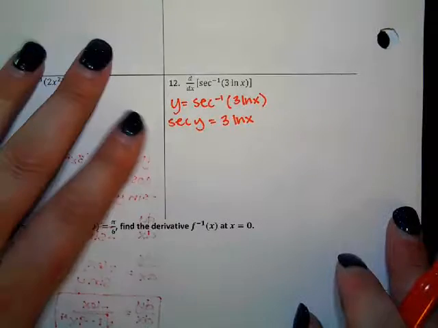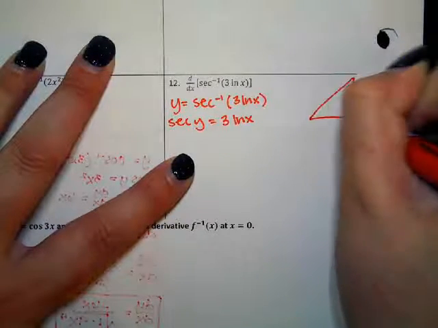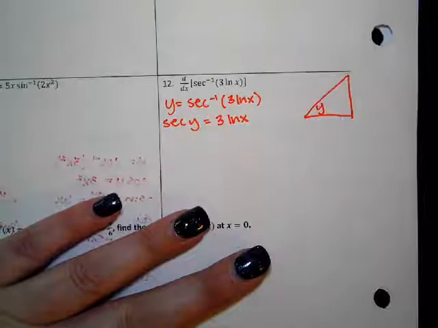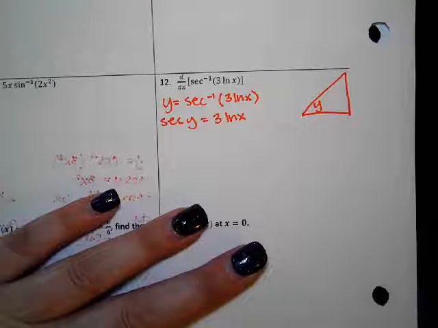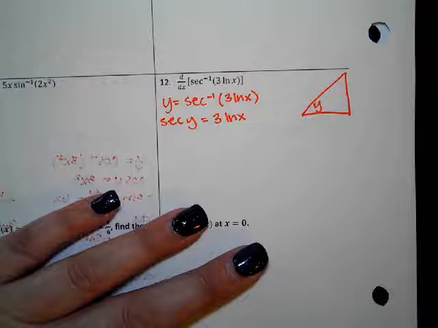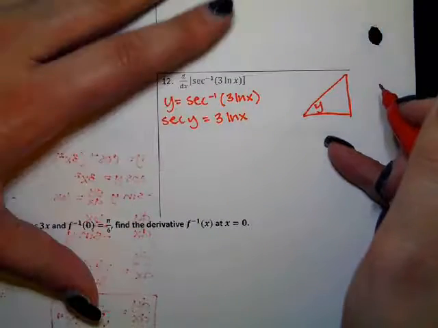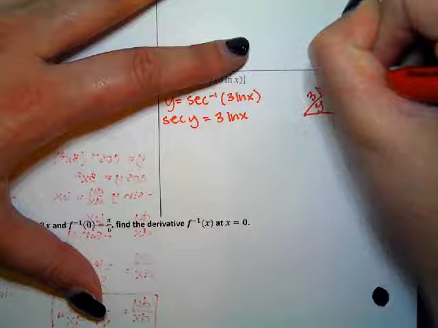Draw a triangle. So here's our angle y. So secant is the opposite of cos. It'd be 1 over, so it's hypotenuse over adjacent. So the 3 ln x is which side? Hypotenuse. 3 ln x over adjacent.